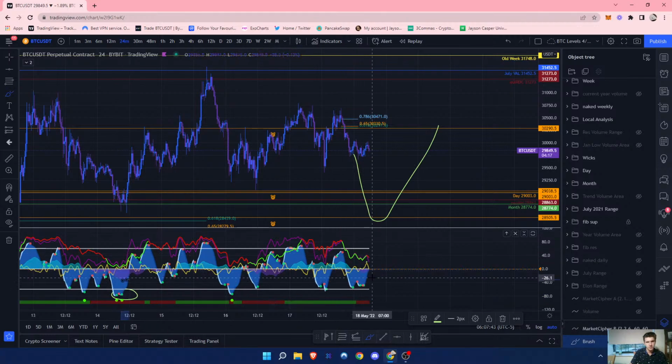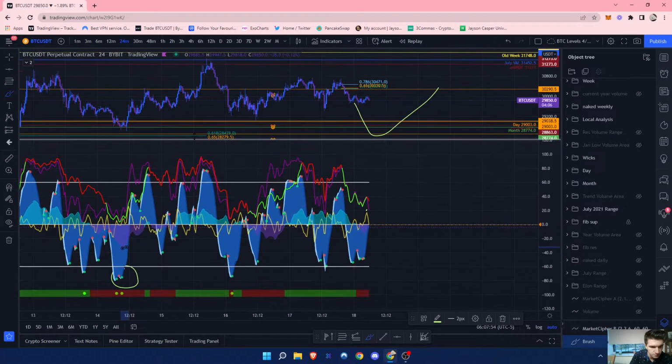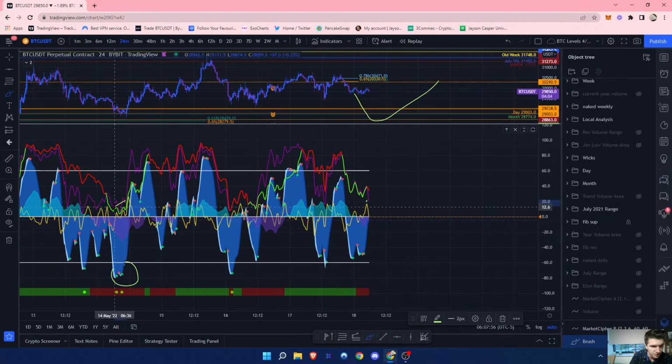So there's a good possibility that we could come down there. The important thing is momentum waves and money flow; it's really the only thing I'm looking at. If I want extra confirmation, I'll look at the RSIs and see if they're clumped together. In this case, they are kind of clumped together, and right here the RSIs are getting split apart, but that can change over time.